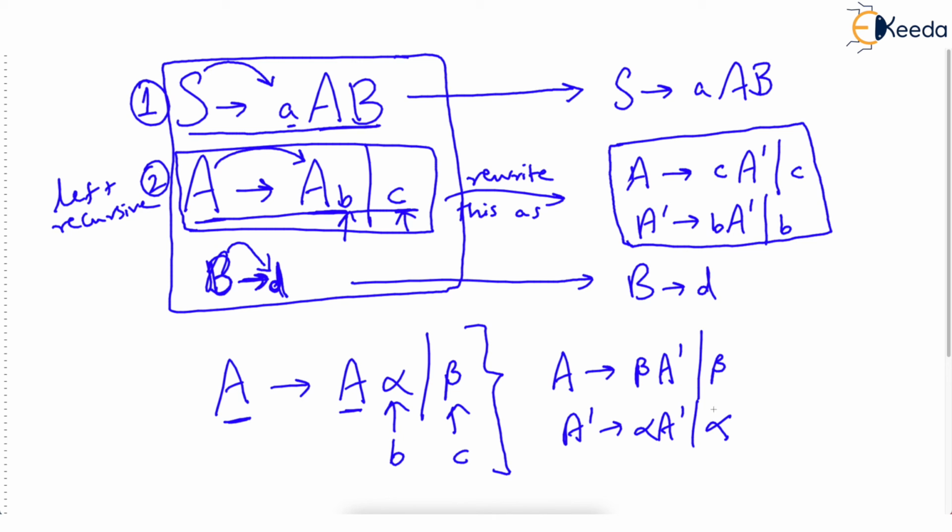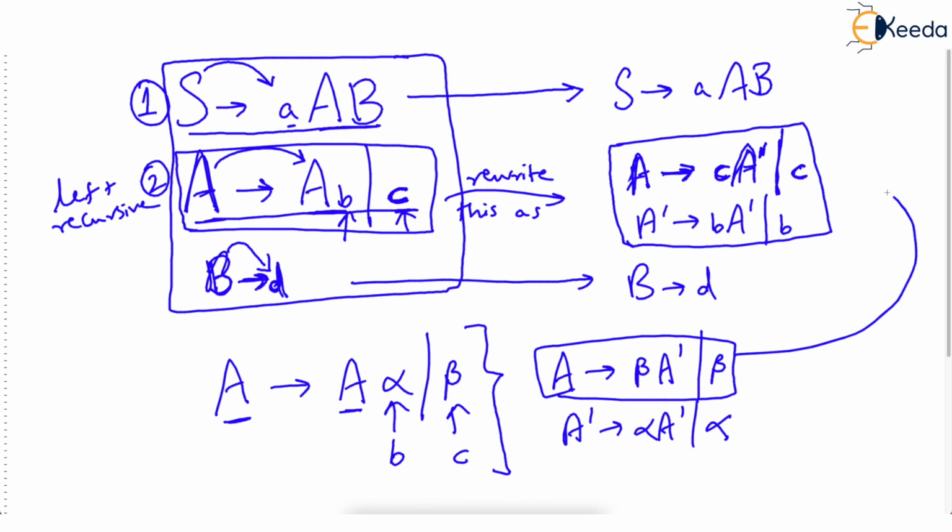So how will you write this? Who is beta over here? Beta is C. So the left hand side A derives beta, that is C, followed by new non-terminal A dash, or beta itself. Beta is C. This is what we have used over here. But then what is A dash? A dash is a non-terminal and we should write the production for A dash.